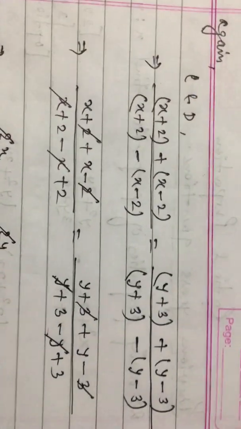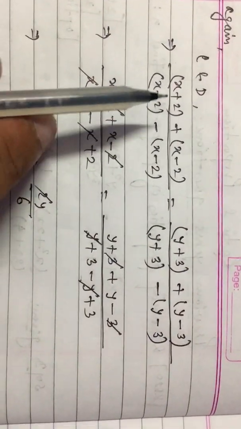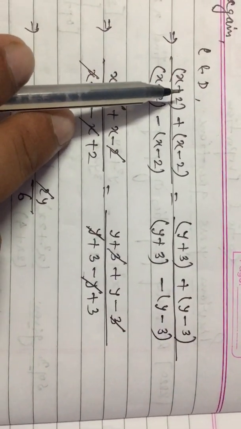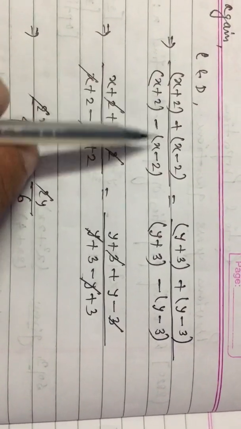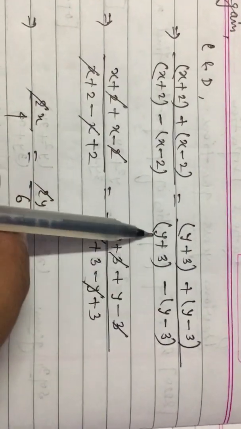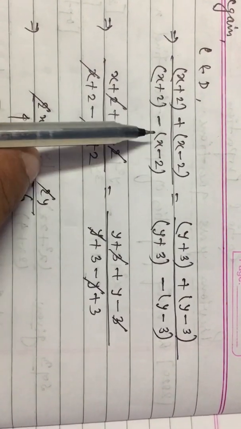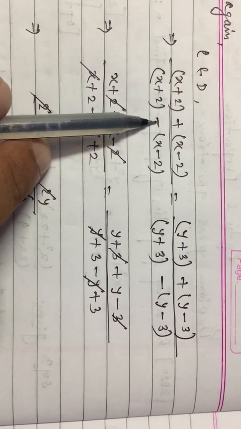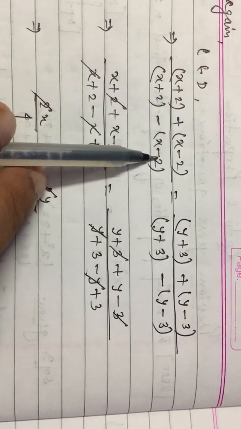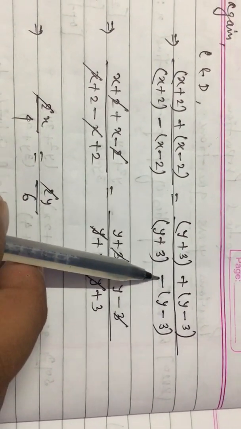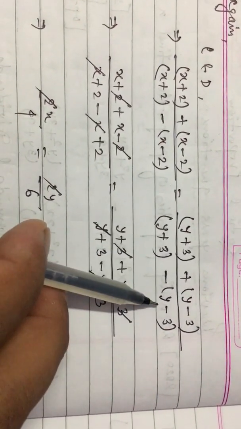Now see, again we have to apply componendo and dividendo, (a plus b) by (a minus b) equals (c plus d) by (c minus d). Opening the bracket, there is no change of sign. Before this bracket a minus sign is there, so minus, and there will be plus. Here also minus and there will be plus.